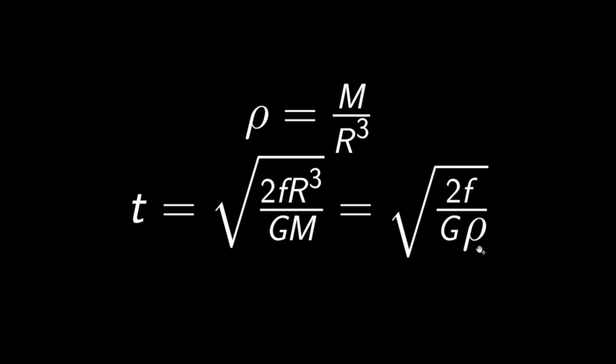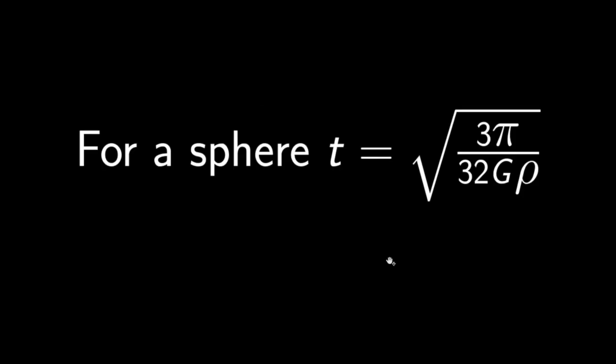Once you know the density of something, you know how quickly it will be able to collapse, assuming that only gravity is working on it and there's nothing stopping gravitational collapse, that it's free to fall. It turns out that for a sphere, the true answer using calculus is this complicated thing.